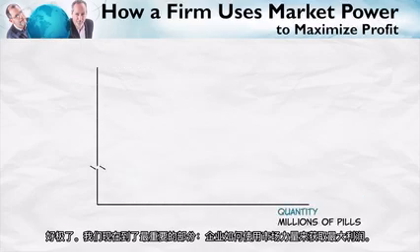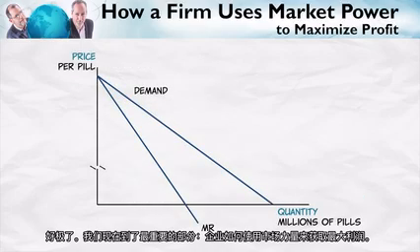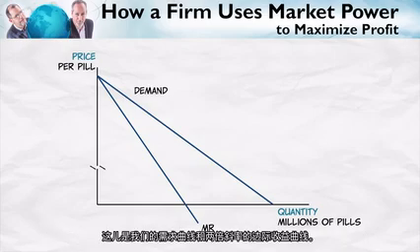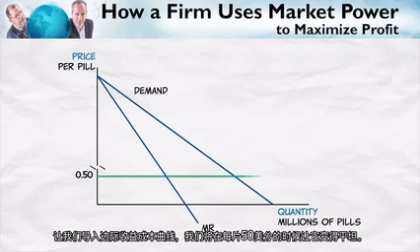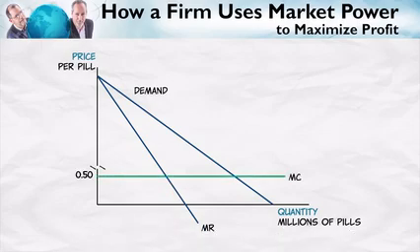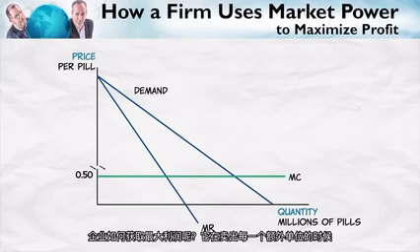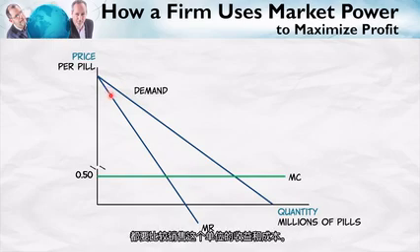We're now ready for the big payoff, how a firm uses market power to maximize profit. So here is our demand curve and our marginal revenue curve with twice the slope. Let's introduce the marginal cost curve. We're going to make it flat at 50 cents per pill. How does the firm maximize profit? Well, it compares for each unit the revenue for selling that additional unit compared to the cost of selling that unit.